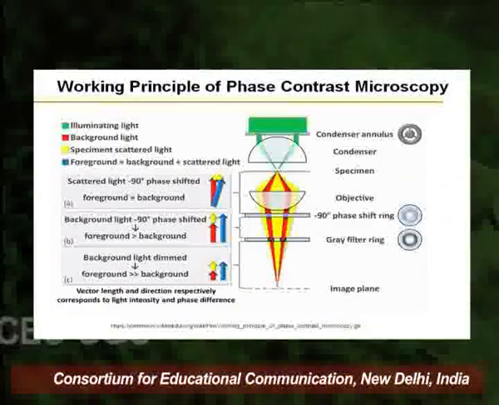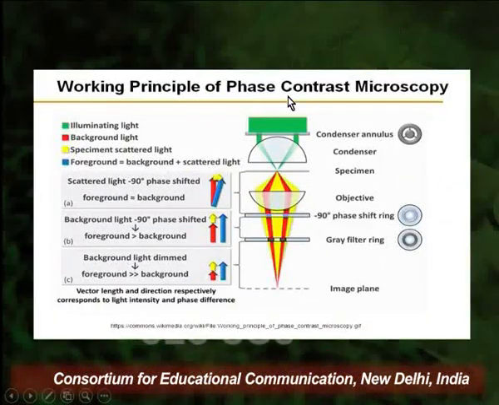Let us try to understand the working principle of phase contrast microscopy with the help of a diagram. This diagram illustrates the pathway of light. The color symbolizes different types of light. Here is your scattered light with a 90-degree phase shift, and here is the background light with a minus 90-degree phase shift.